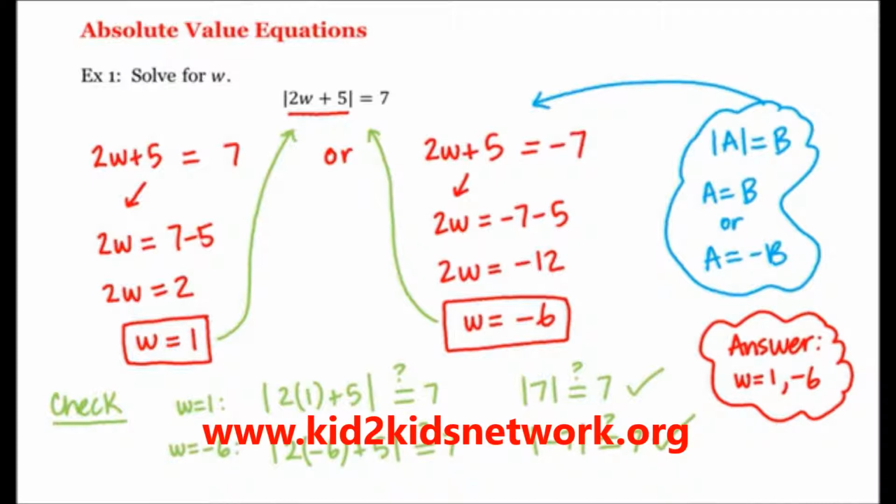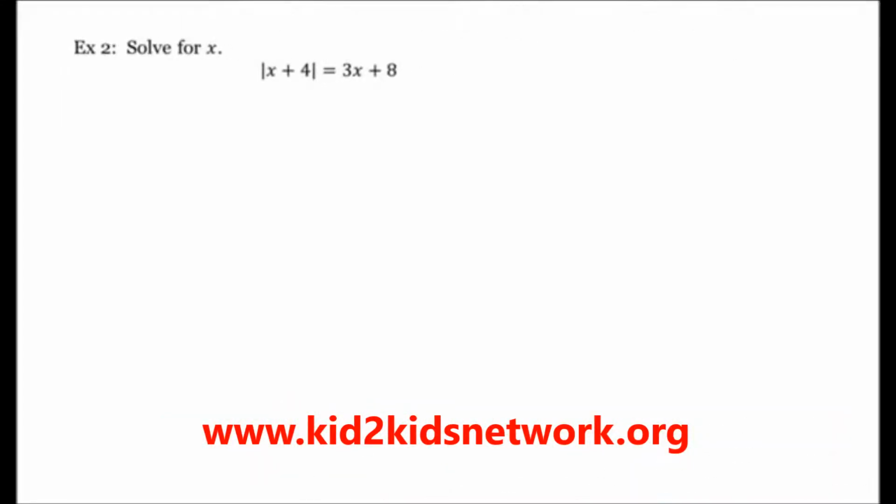Now, in solving these types of absolute value equations, where the right-hand side is a positive number like this, and we apply this fact, then we don't really need to check our answers, but it never hurts. However, with something like this, where the right-hand side is not a positive number, we must check our answers.